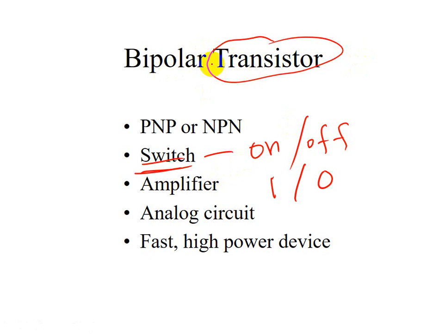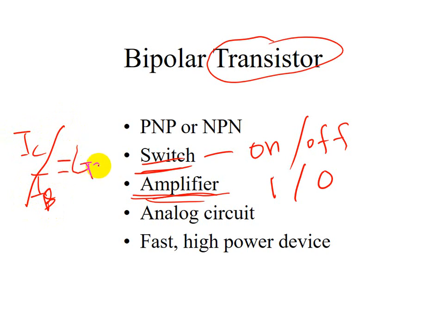This type of bipolar junction transistor can be used as an amplifier because of its mechanism. It can have a small input of so-called base current and large output of collector current, and we call this a gain, power gain, current gain, and it can be up to about 100 times.